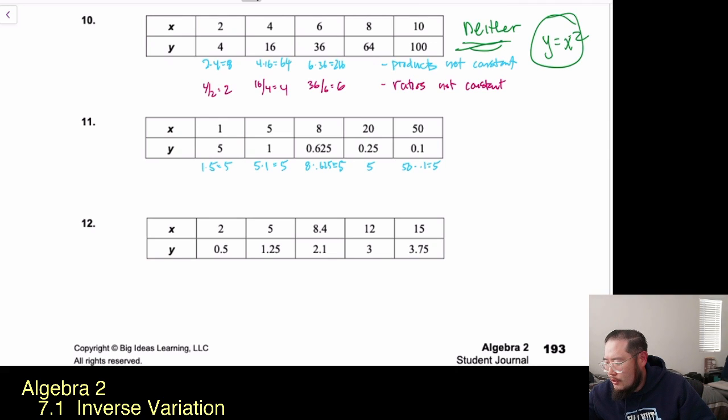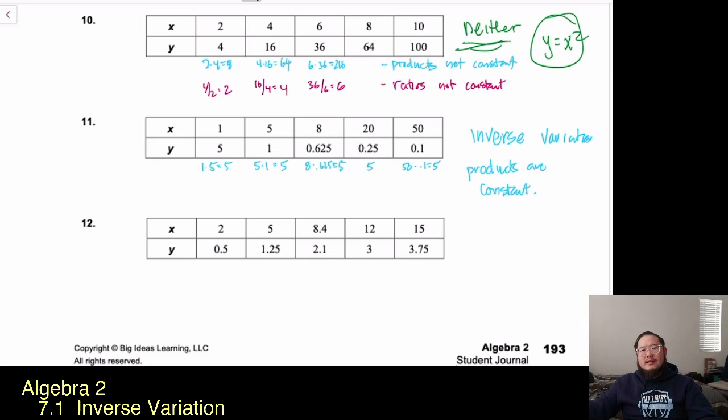So the products are constant, and that's the reason why. Each and every time we multiplied, we got the same value.